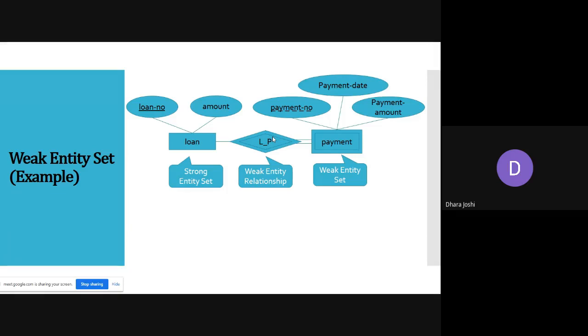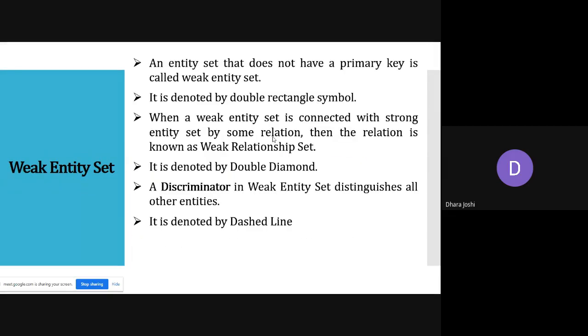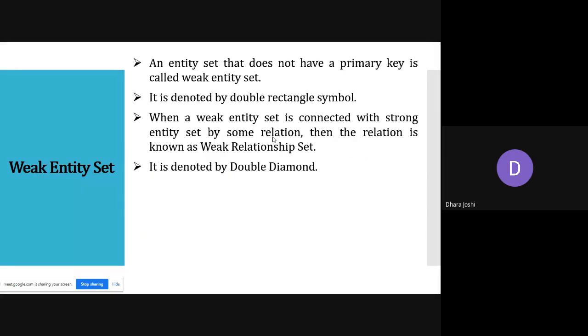Okay. So till now, I hope your concept is clear. Now we are going back to the definitions we have studied. An entity set that does not have a primary key is called a weak entity set. Now you can think of payment or installment. Their individual existence cannot be possible. It is denoted by a double rectangle symbol.